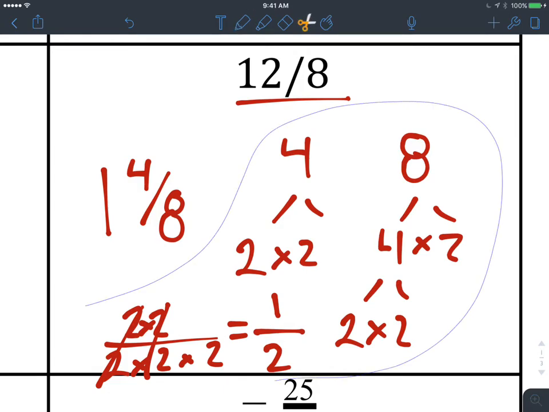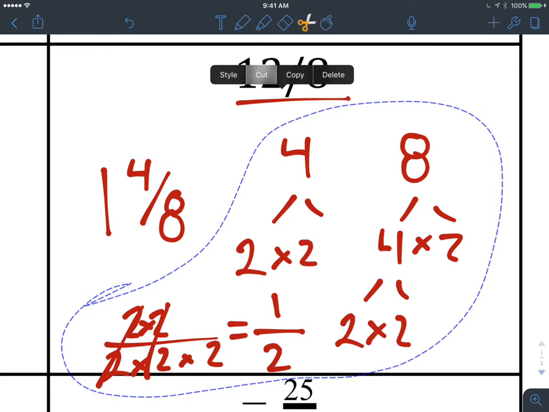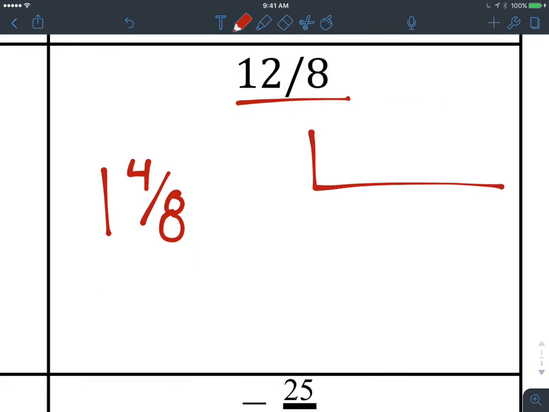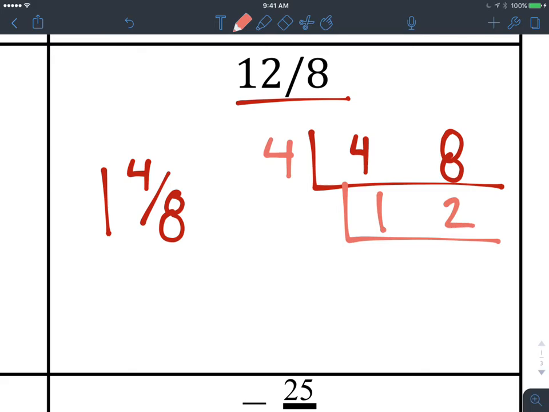Now, I prefer to do the reverse division ladder, where instead we just take both numbers. We take 4 and 8 and put them in this reverse division sign. And then we ask ourselves, what number can go both into 4 and 8? Well, they're both even numbers, so 2 can go into both of them. But you also might recognize that another number that could go into both of these is 4, because 4 will go into 4 one time, and 4 will go into 8 2 times.